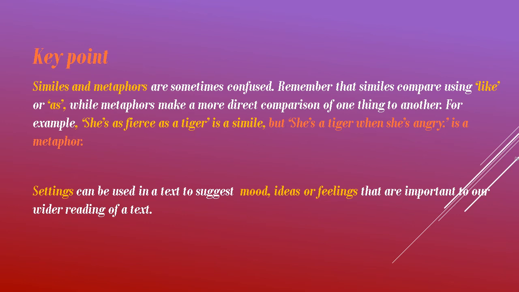In this case, it is a simile. But if we do it this way, she's a tiger when she's angry, it is a metaphor. The second aspect is that it is directly linking the other thing to one thing. It's like saying she is a tiger. When saying that one thing is another, that's a metaphor. But when we say one thing is like the other, that is a simile.